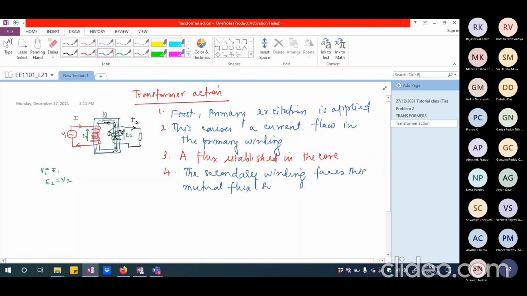So induced EMF, which is equal to, let us say, E2, is going to be induced in the secondary. Okay. Now let us say I connect a load. So a load is connected across the secondary.